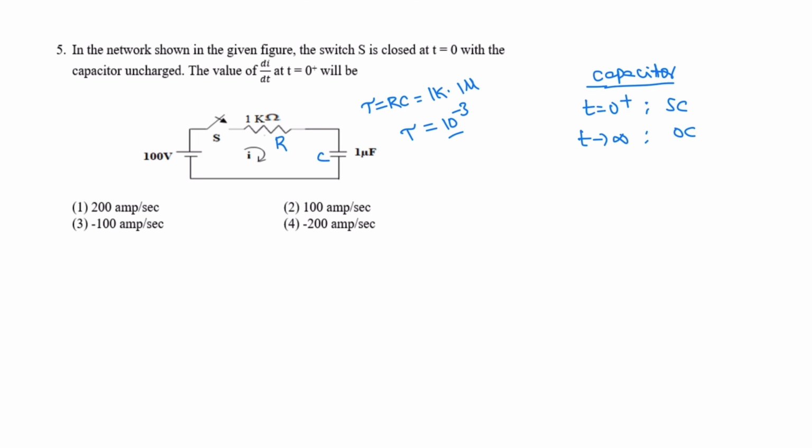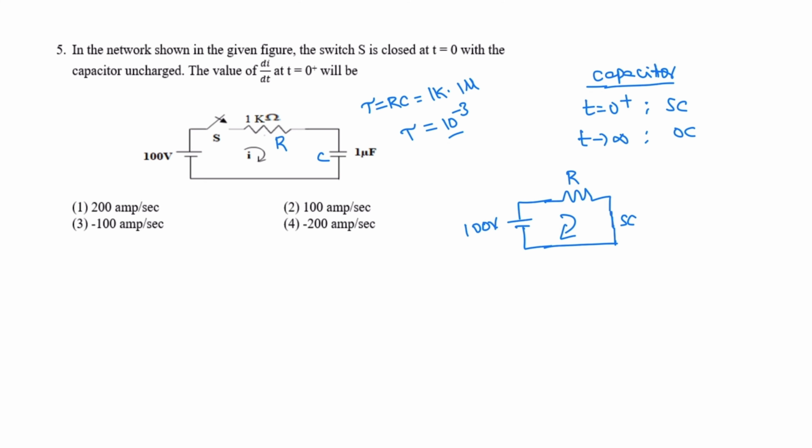So when the switch is closed at t equal to 0, the equivalent circuit is given like this. The capacitor acts as a short circuit. Here it is short circuit, only resistance R and voltage source V are given. The voltage source is 100 volts.